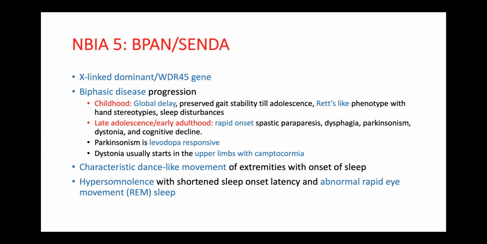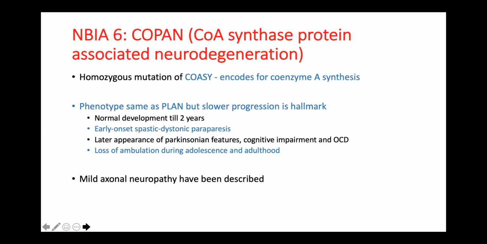She is now 25 years, still able to walk. She has significant Parkinsonian features, and now the response to levodopa is gradually reducing. Apart from that, they can have characteristic dance-like movements of extremities with onset in sleep. Hypersomnolence is another feature of this condition, which is not seen in other conditions.